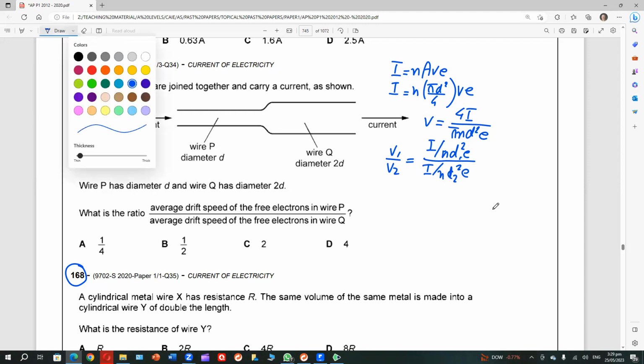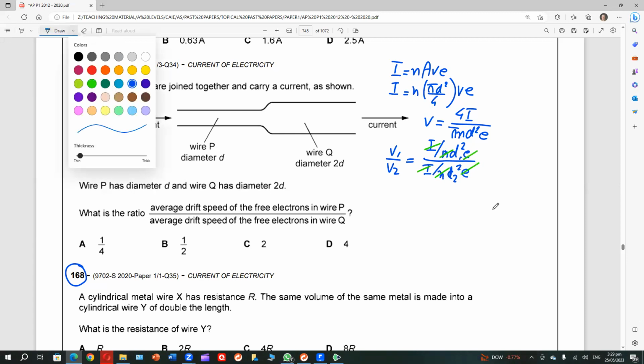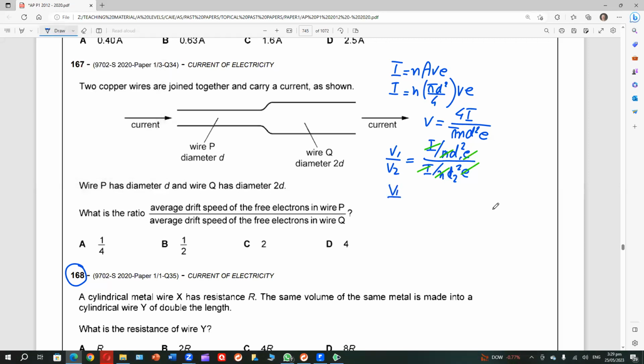Now we can cancel out. So I'm getting this ratio.